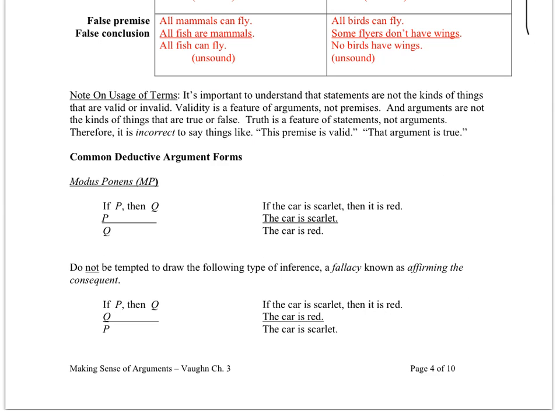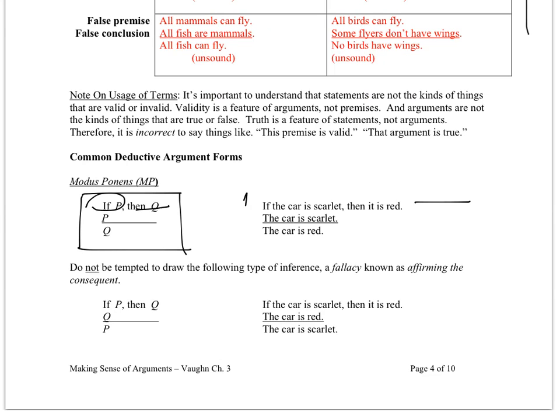Common argument forms include what's called modus ponens. And this formula packs in a lot of information. It's basically to illustrate that any argument of this structure, in other words, if P, then Q, such as: if the car is the shade of scarlet, then it's red.